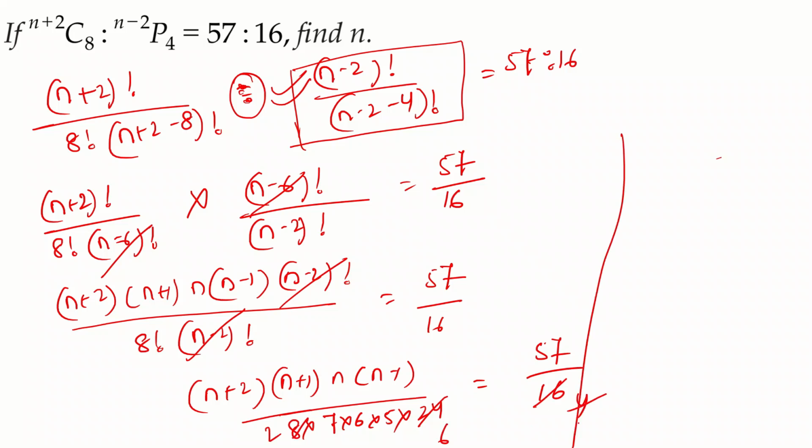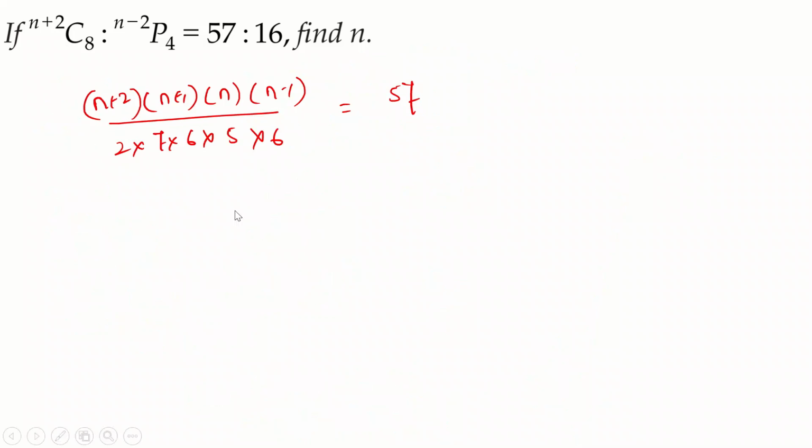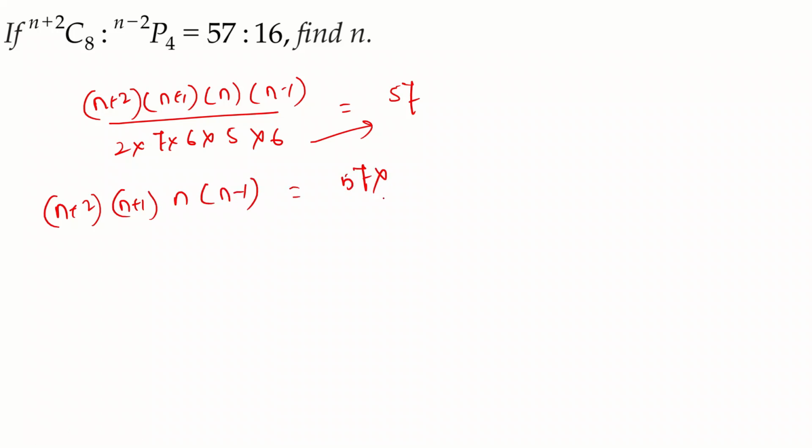So what we are left with is n plus 2. Okay, let me clean everything. This is what we are left with finally. So now let's take everything on the right hand side. We have (n+2) times (n+1) times (n-1) is equal to 57 times 7 2s are 14, 14 times 5 times 36.